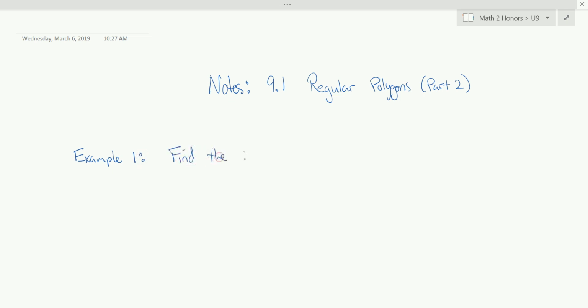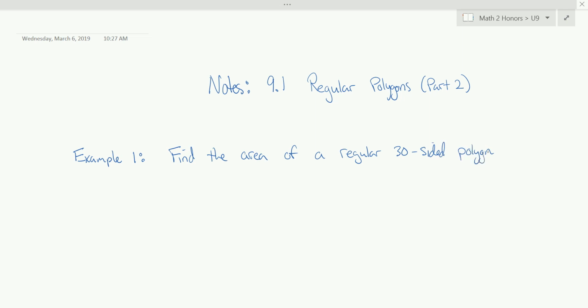Find the area of a regular 30-sided figure, 30-sided polygon.